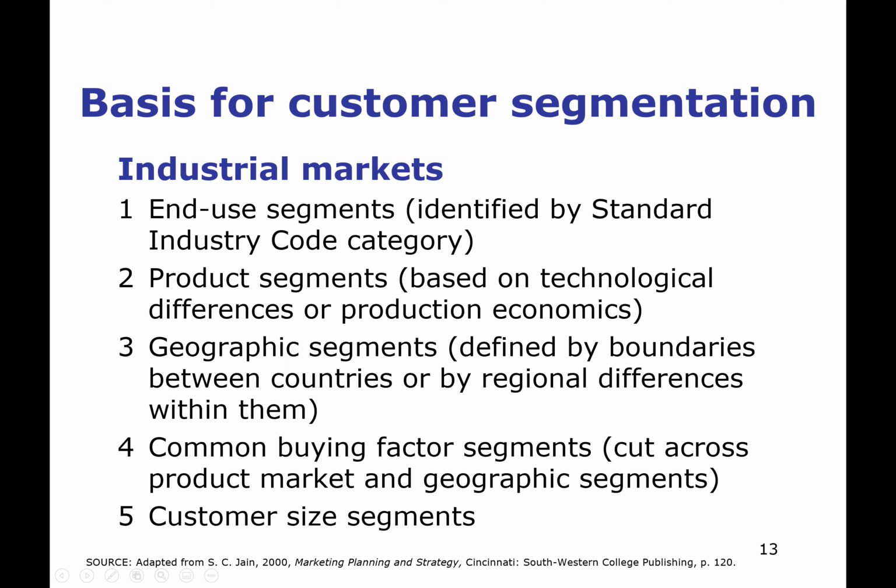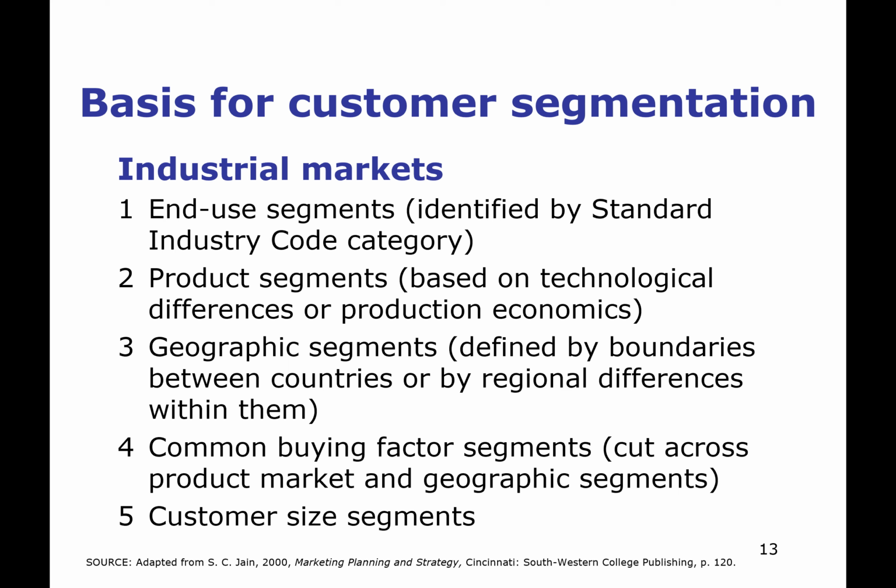Industrial markets are about the end user segment, which you can classify by industry code, or they're about product segments, technological difference or production economies, or the nature of the product or the nature of its use. Geographic boundaries within countries, different regions. Common buying segments, which can cut across product, market and geographic segments.